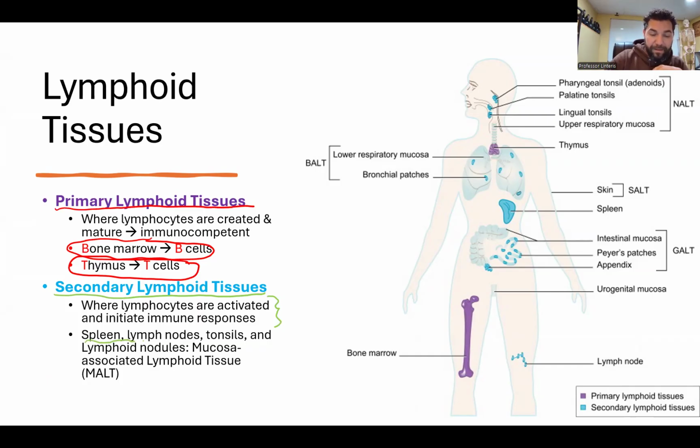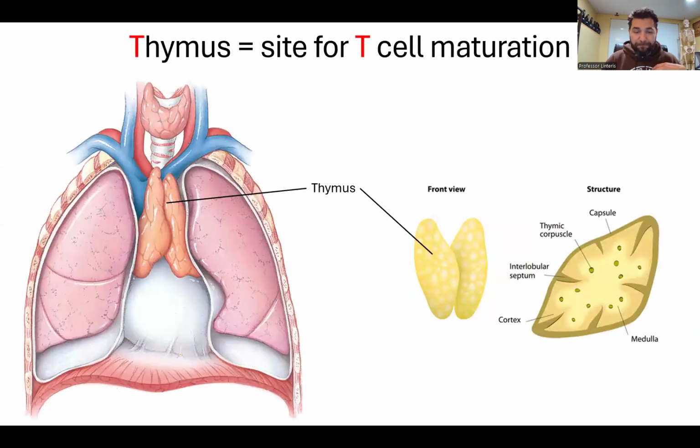The spleen, lymph nodes, tonsils, right? Different types of mucus-associated areas. But these you can think of as checkpoints where they hang out and they just wait for something bad to come through. And we'll talk a little bit about that as we move on.